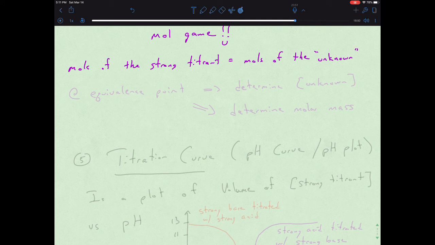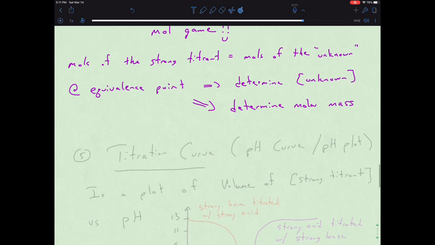So at the equivalence point is where we can determine the unknown concentration, but also we could use it to determine molar mass. As far as Ka or Kb or pKa or pKb, they're actually determined at another region of the titration, which is something we'll get into later on.